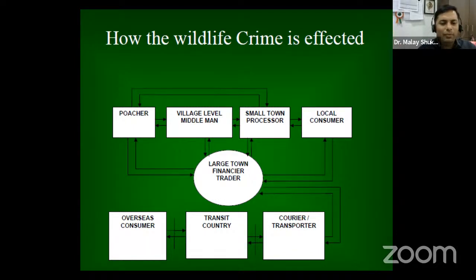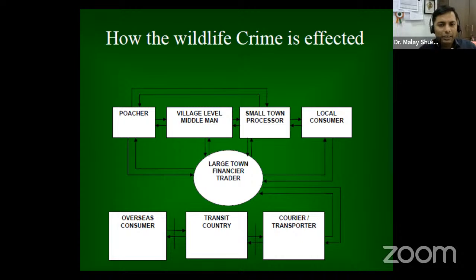At that time the poachers or smugglers are identified and the articles are seized. That means the actual scene of crime, where the animal was killed and where the chances of seizing evidence are highest, is narrowed down.